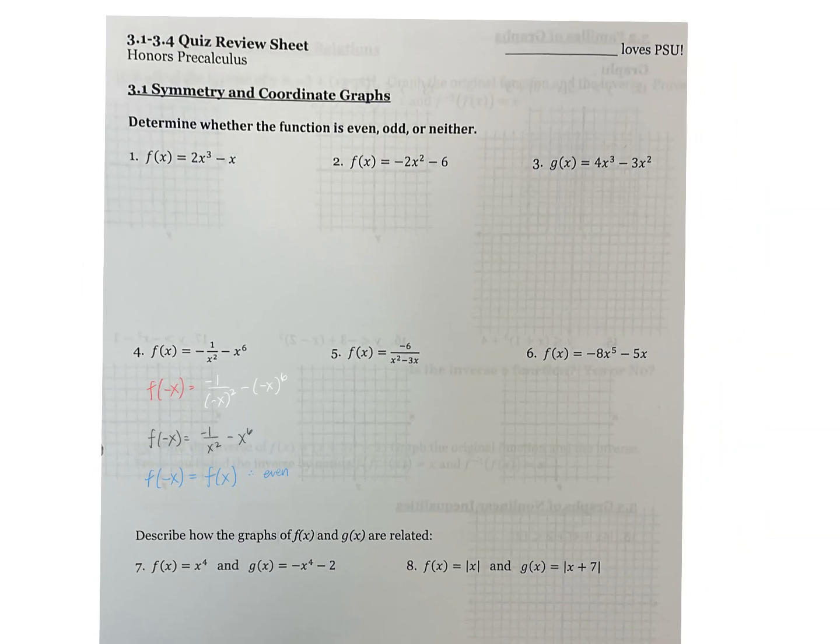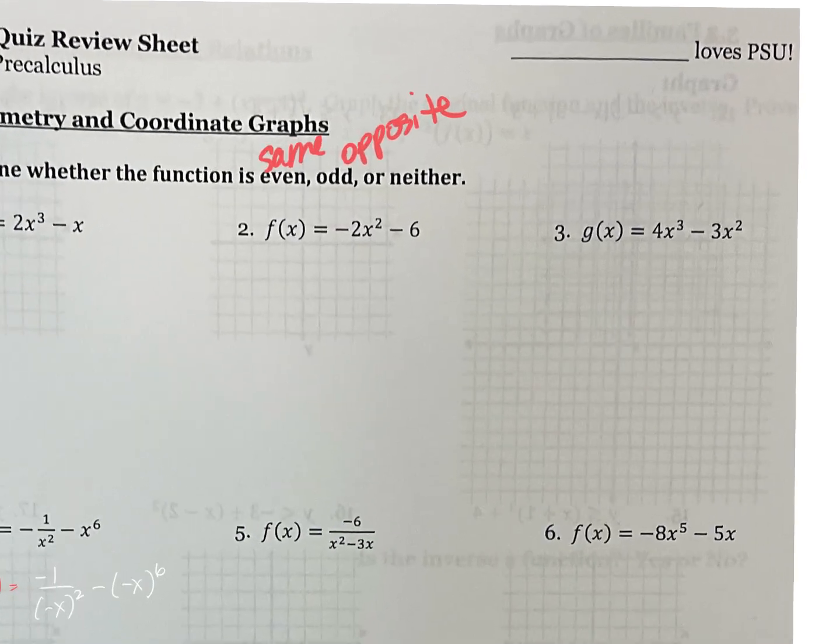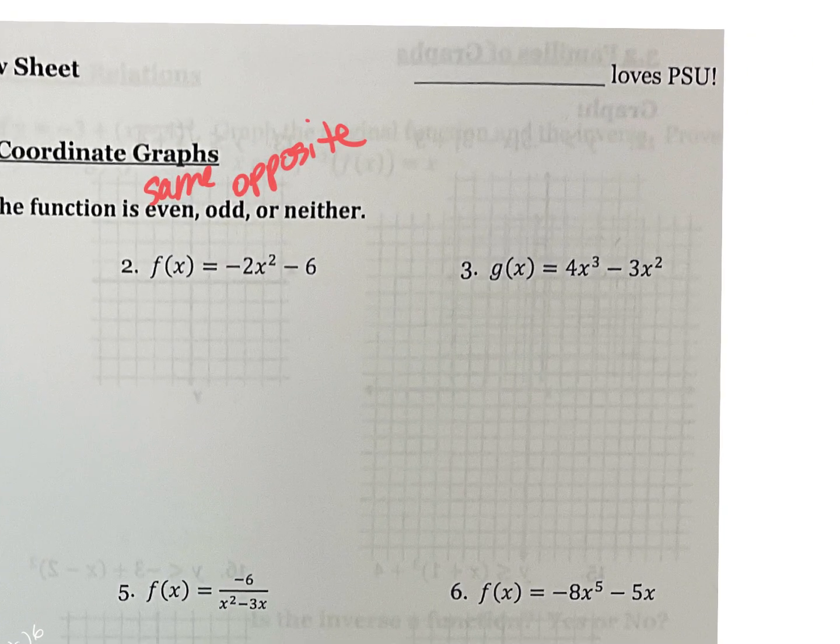So here's what I would do if I were you. I'd go up to the top and remind myself, even is the same, odd is the opposite. Let's even write ourselves some shorthand. For something to be even, when I plug in a negative x and I get what I started with, I get f of x, we say that's even.